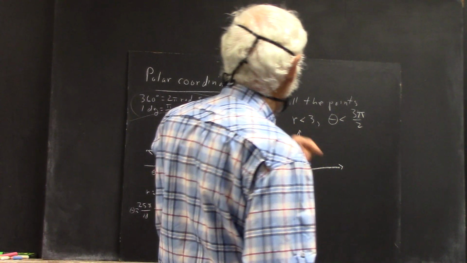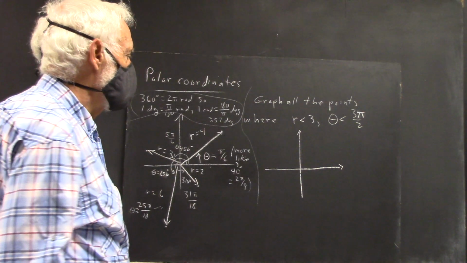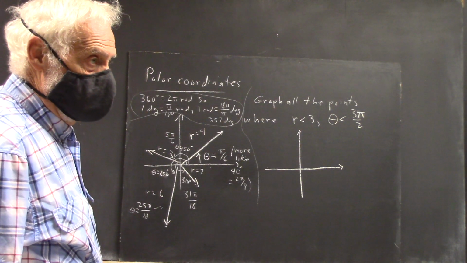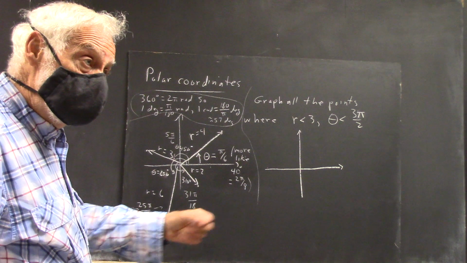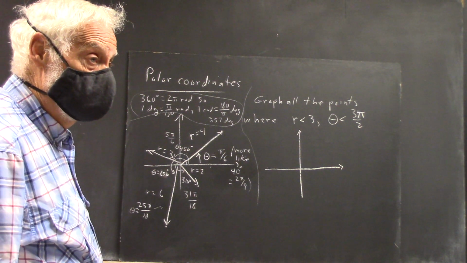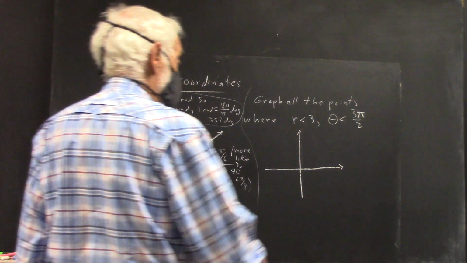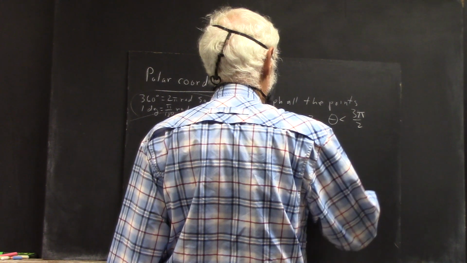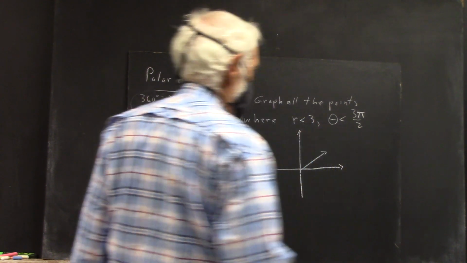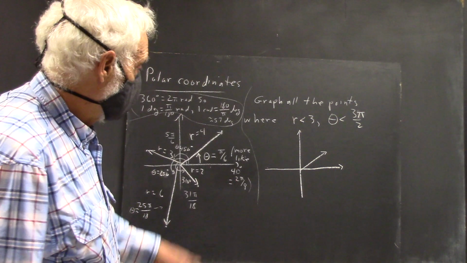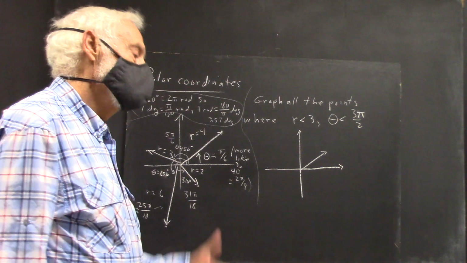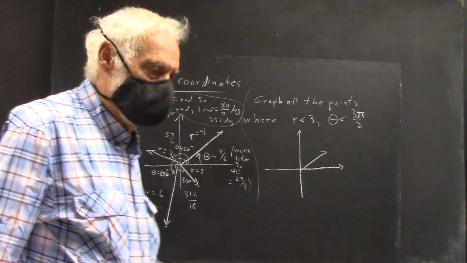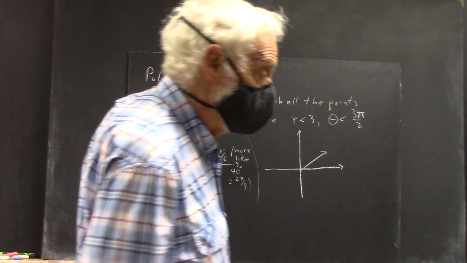Now graph the points where r is less than 3. Well, what are the points where r equals 3? Can you draw me some vectors where r equals 3? Say this vector is r equals 3. Draw that vector, and then draw several others around the plane where r equals 3.